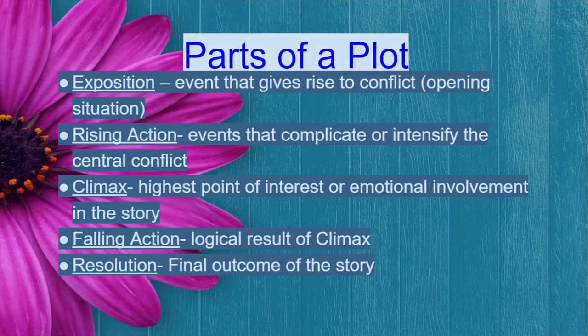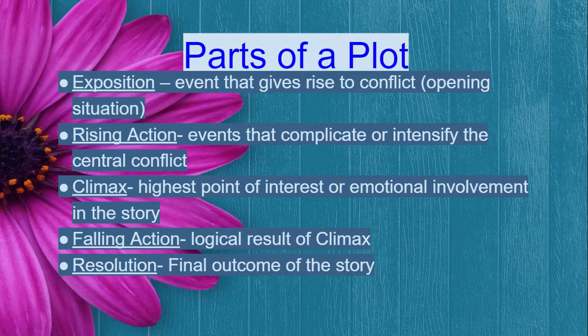There are different parts that make up a plot: exposition, rising action, climax, falling action, and the resolution. The exposition is the event that gives rise to conflict. It is the opening situation.